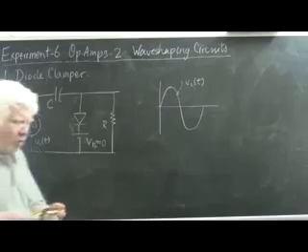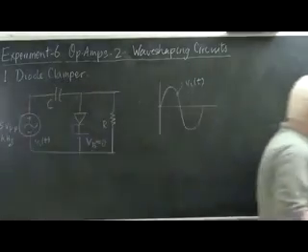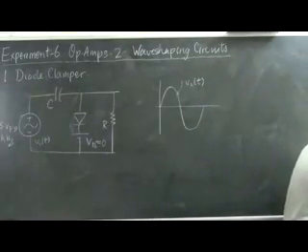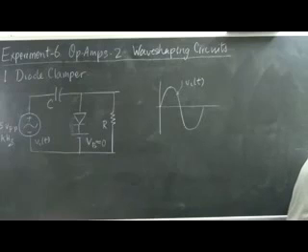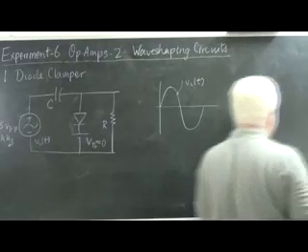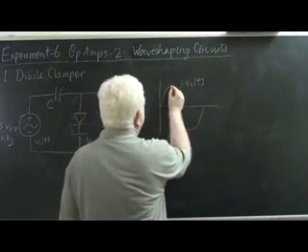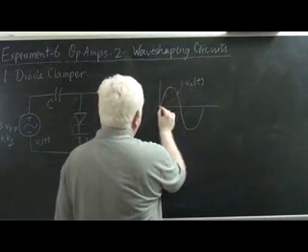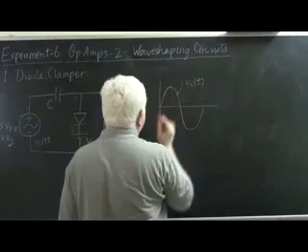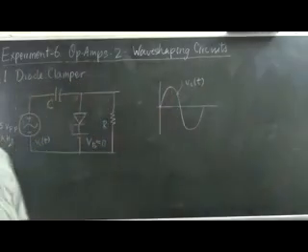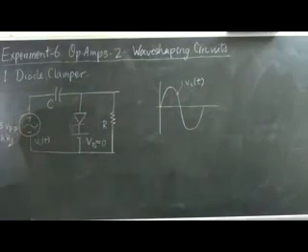In the meantime, what we observe at the output is the following. We observe that until this point, the output has no voltage, because the capacitor voltage and the supply voltage cancel each other.